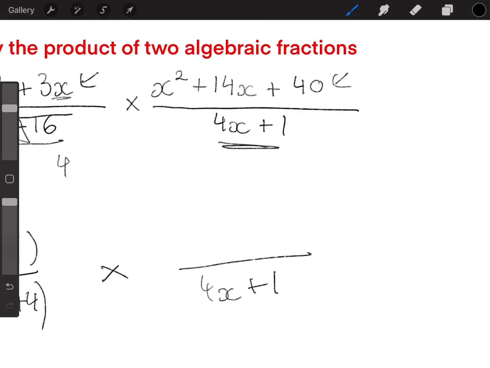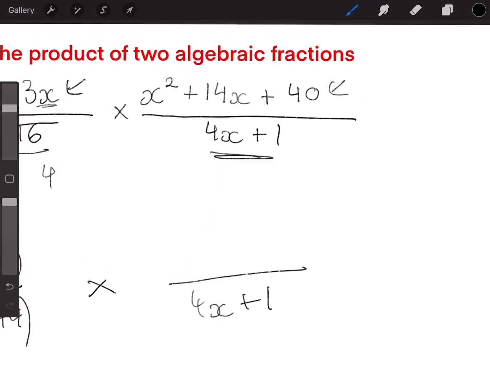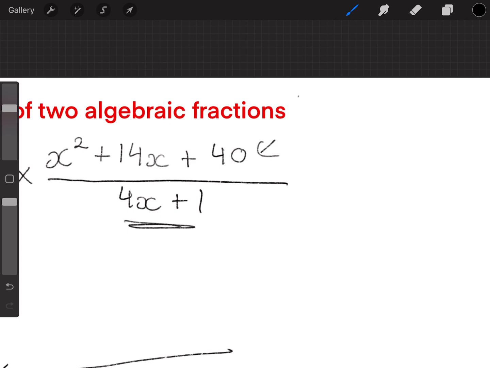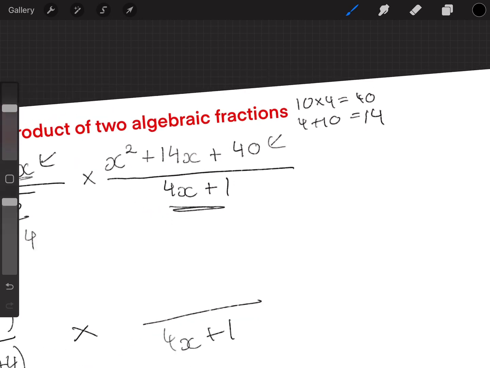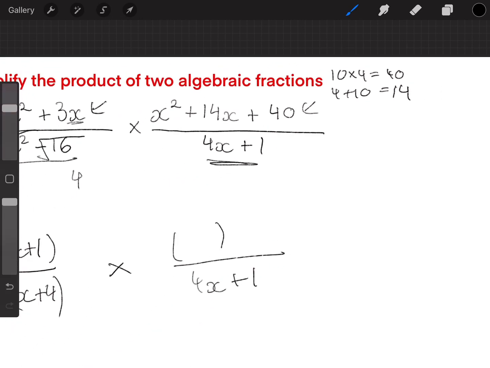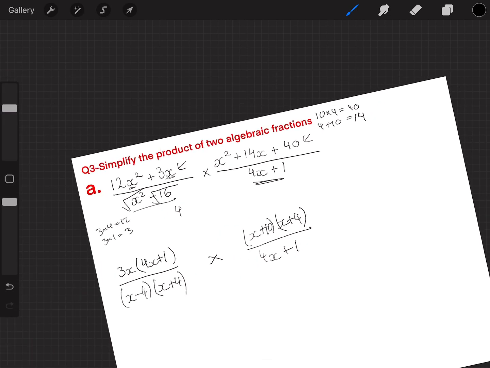And now we have to factorize the top. Two numbers that add to give 14, 4 and 10, because they both multiply to give 40 as well. So 10 times 4 equals 40, and 4 plus 10 equals 14. So now we'll have to put the two brackets on the numerator, and then x plus 10, x plus 4.